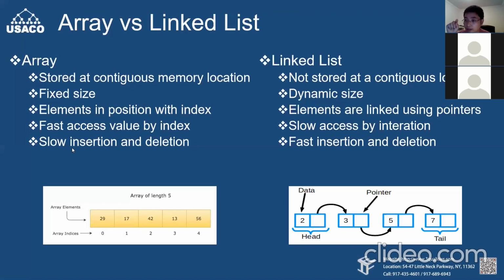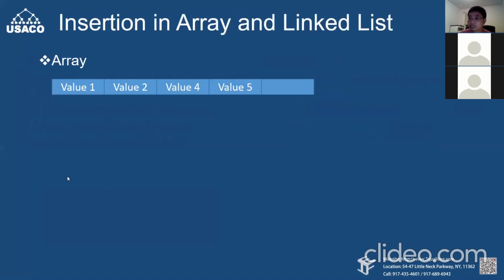Break the existing reference and make the previous node point to the new node, and make the next reference of the new node point to the original next node. Don't worry, I'm going to explain it in the next slides.